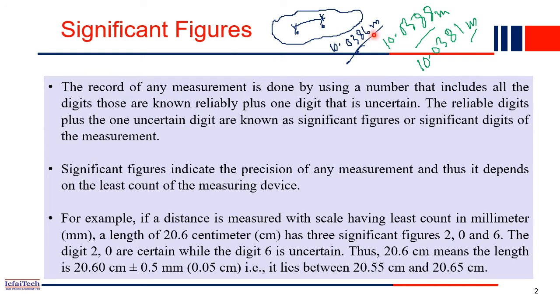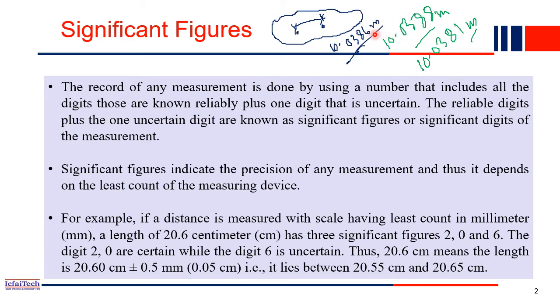After that, one got 6, another got 8, another got 1. So up to 10.038 is the significant number, and the last digit is the uncertain one. Uncertain means some error is happening, and each person will have a different error. So that last digit we call uncertain, whereas up to 38 is the significant figure of this measurement.